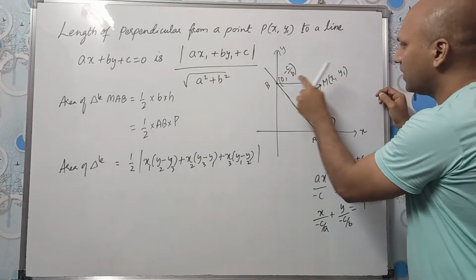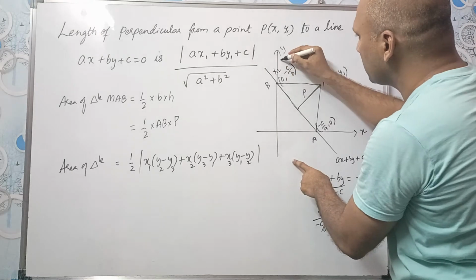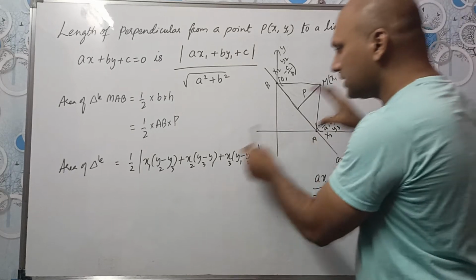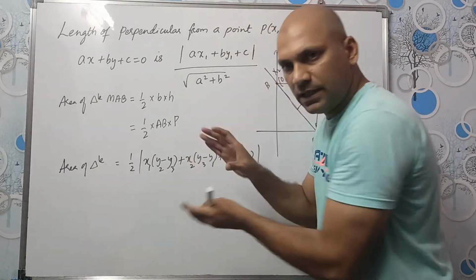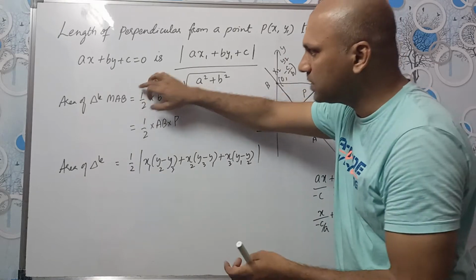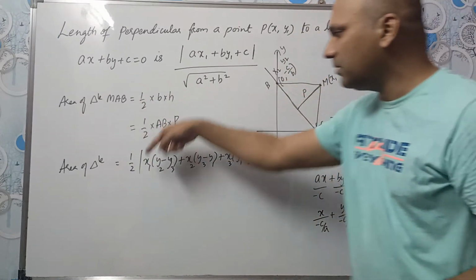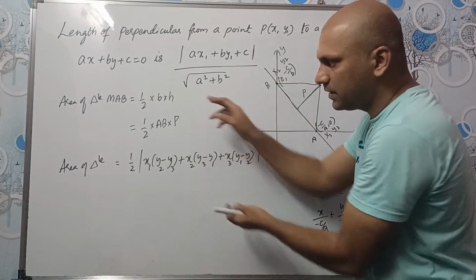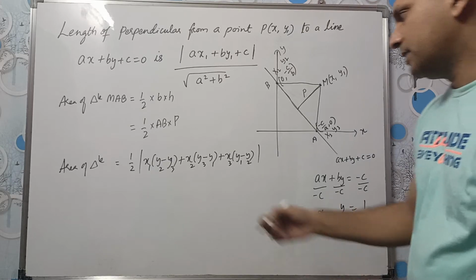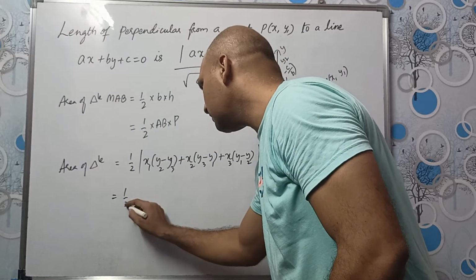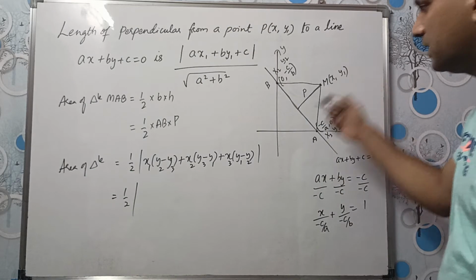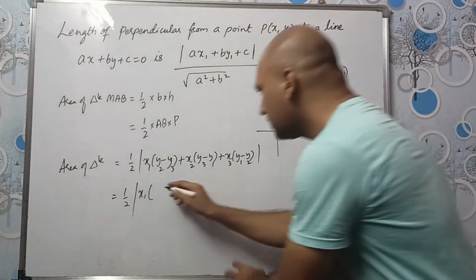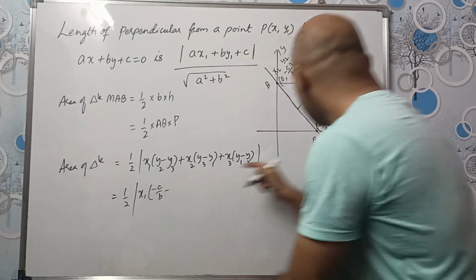If you take this as (x1, y1), this as (x2, y2), and this as (x3, y3) and substitute here, that area should be equal to this, isn't it? Because both are the triangle MAB only, right? So we'll substitute these values in this and equate these two. So half x1, what is x1? It is x1 only, right? x1 times (y2, which is minus c by b, minus y3), how much is y3?